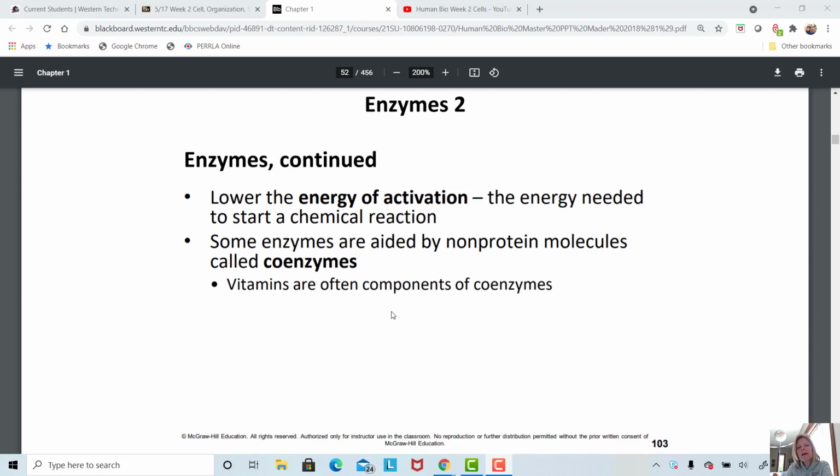And that's why when people have a poor diet full of a lot of preservatives, high fat, high carbohydrate, low vitamin foods, they often feel sluggish and tired and have headaches and body aches because they're lacking those coenzymes that are important for metabolism. If you talk to anybody that eats a healthy diet, they'll tell you that their energy level and their mental processing are much, much better when they're eating their healthy foods.